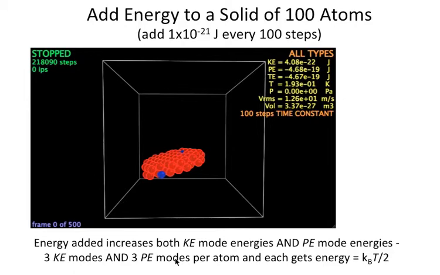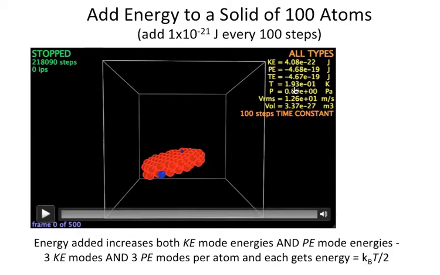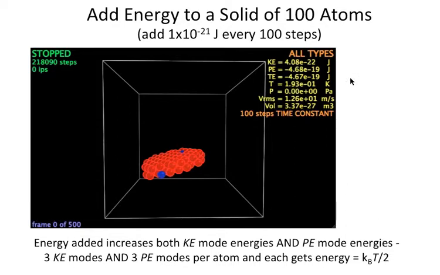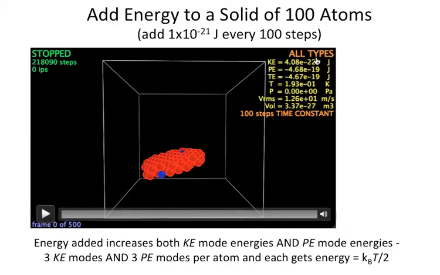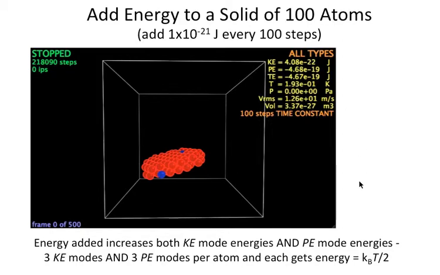Because these are vibrational modes, each of them comes complete with a potential energy mode, a spring-like mode. So there's a total of 600 modes. I started this out at the same temperature, so the kinetic energy is going to be the same because there's still 300 kinetic energy modes.